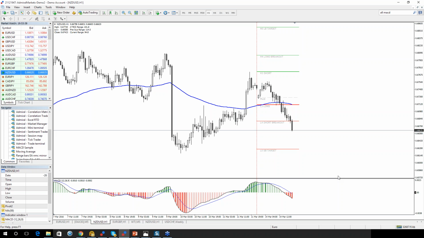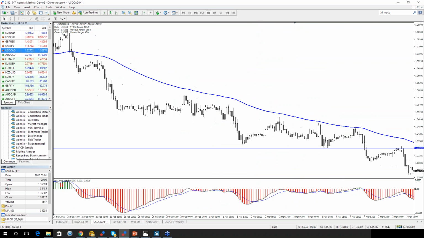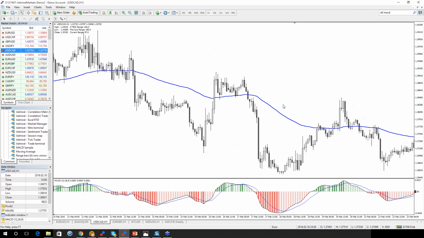And Chris is asking, once more, what confirms T89 entry on dollar CAD? T89 would be actually a rejection in the form of T89. This is T89. Sell. This is T89. Buy. This could have been T89 sell.